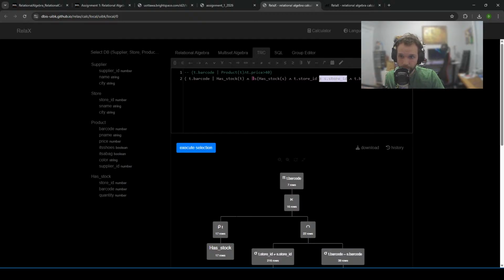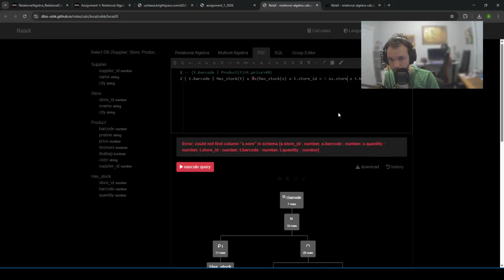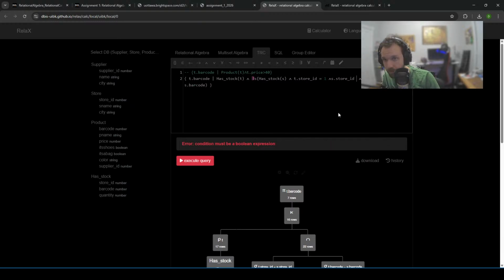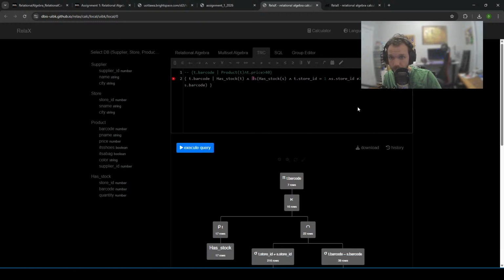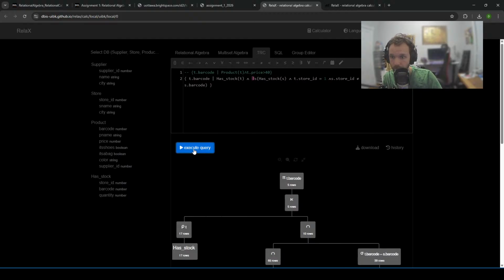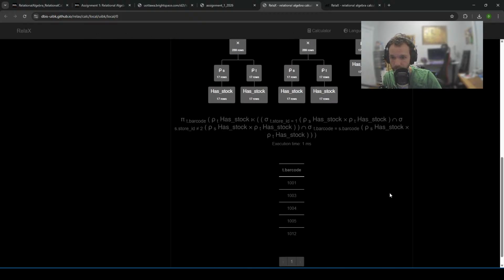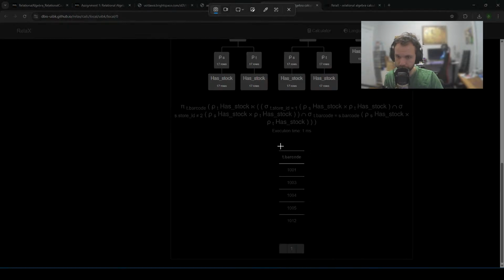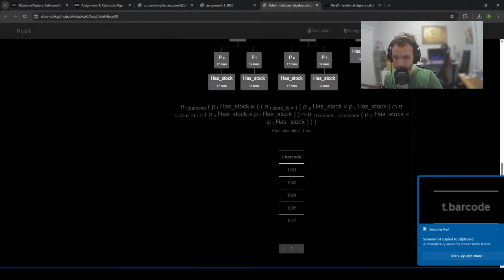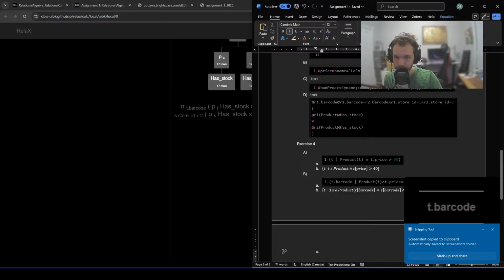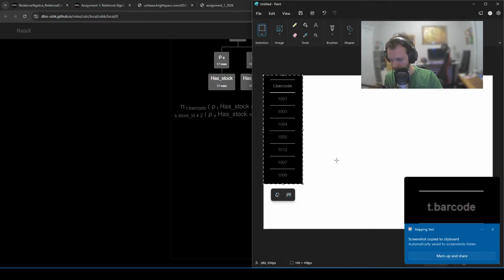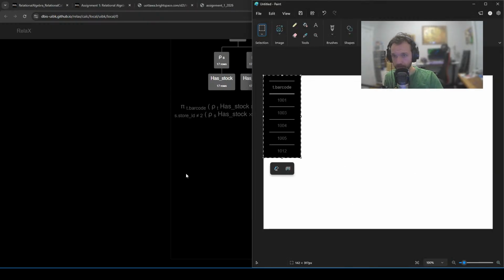So its store ID is equal to 1, and s.store ID is not equal to 2. 5 rows. That's still too many. That's still not correct. Delete.